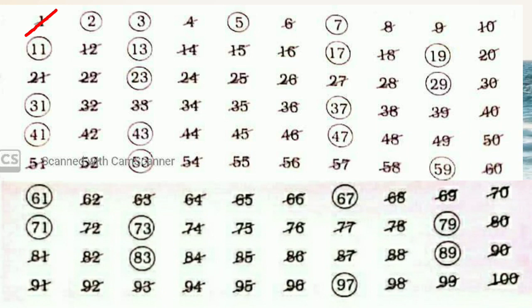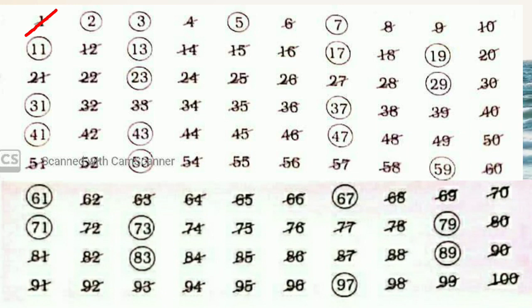We say that 2 is prime because it has only two factors, 1 and the number itself. Now we try to eliminate all the numbers that have 2 as a factor, that is, any number which is divisible by 2.